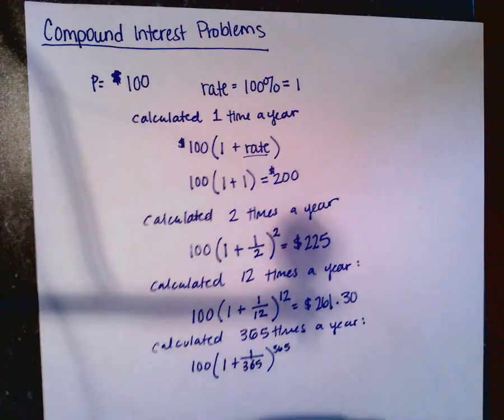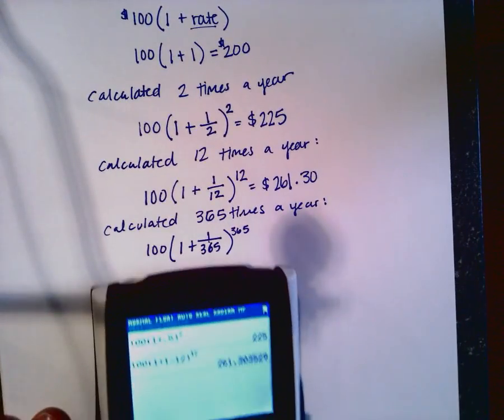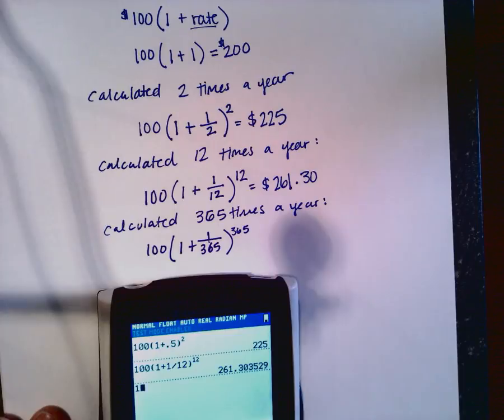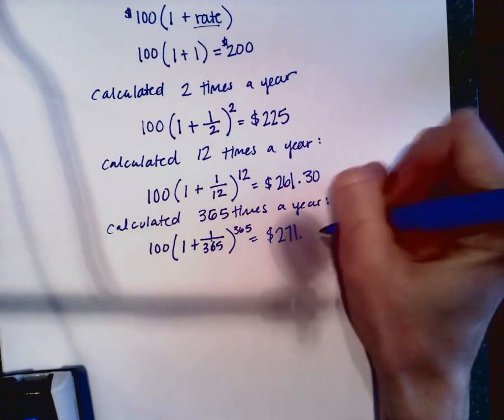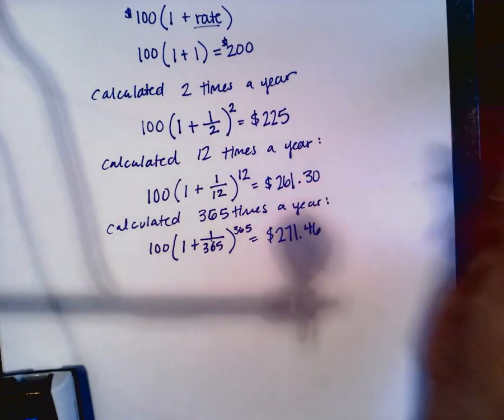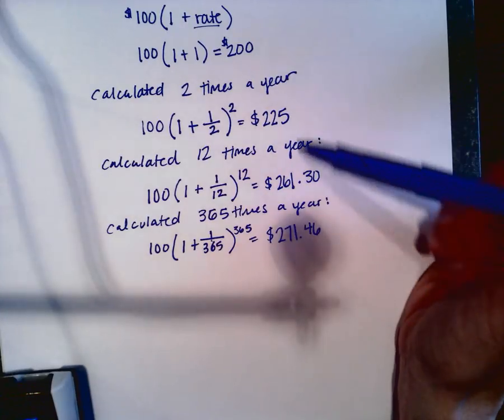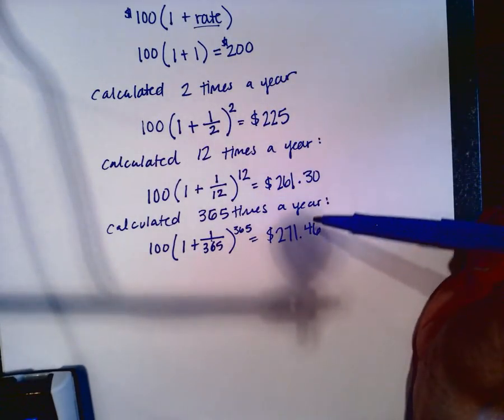So if I take 100 times 1 plus 1 divided by 365 and raise that to the 365, I get $271.46, 271 and 46 cents.